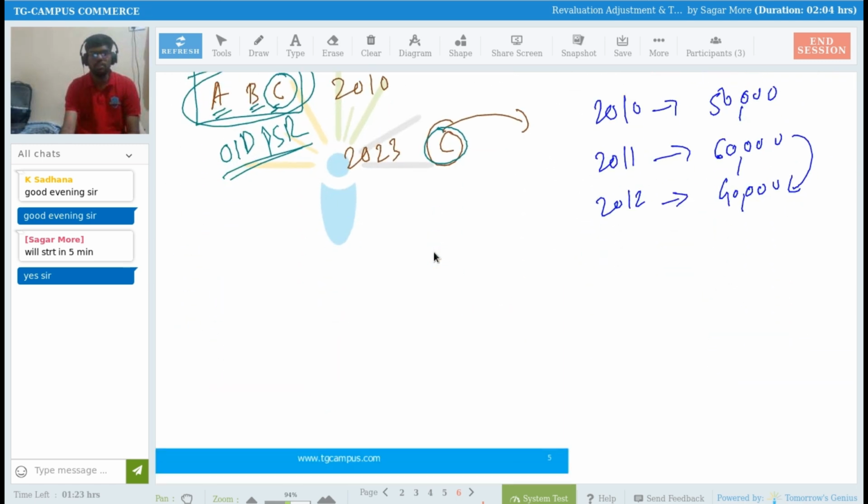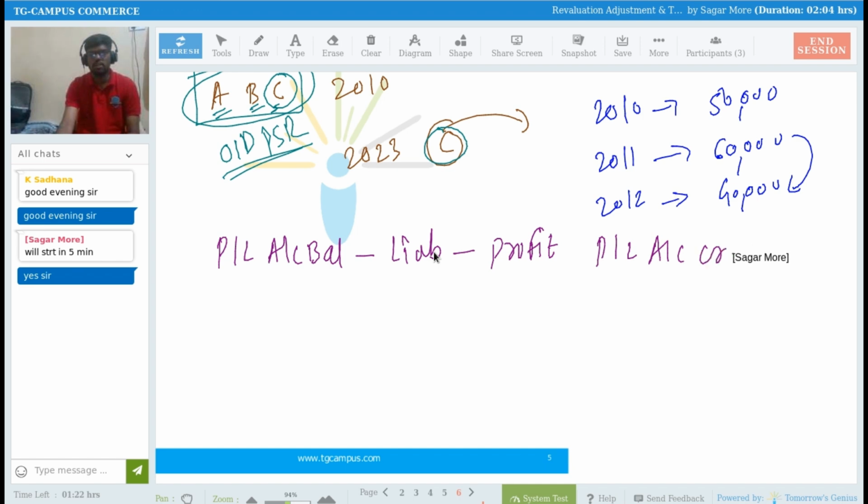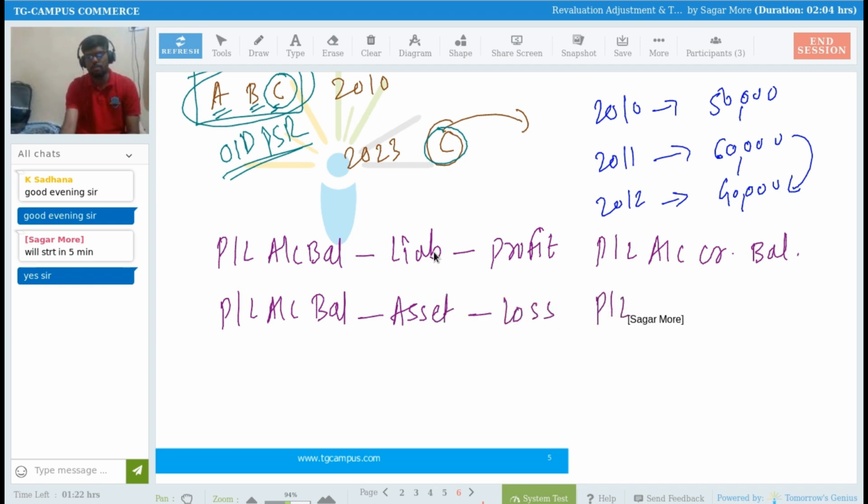If you get a profit and loss account balance on the liability side of the balance sheet, then it's a profit, a credit balance. If you get the profit and loss account balance on the asset side of the balance sheet, it is known as a loss, a debit balance. So this is a loss, this is profit.